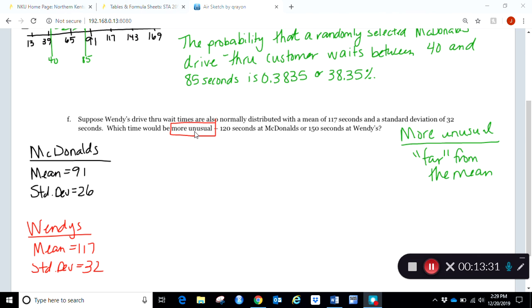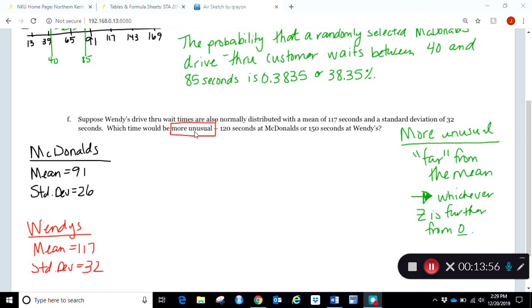Remember again, far is in quotes here because it's not necessarily the exact distance, because I'm going to be scaling by the standard deviation. But what that's going to mean for me is I'm going to be comparing some z-scores here. And so whichever z is further from 0 will be the more unusual value.